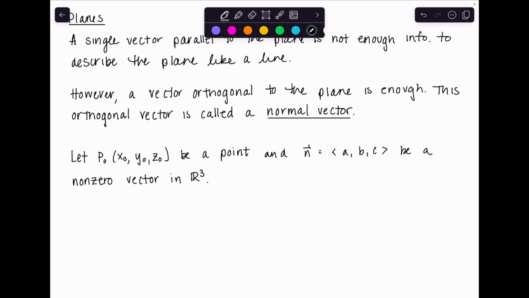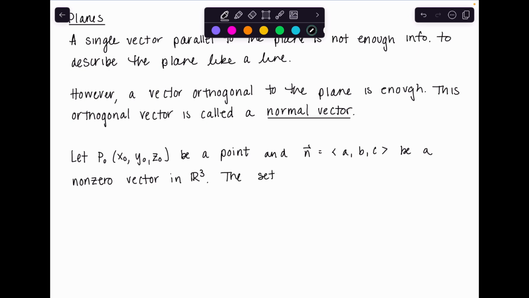The way we're actually going to describe the plane is by picking all points so that the vector between x naught, y naught, z naught, and this arbitrary point P will be orthogonal to the normal vector. So let's go through that phrase and then draw a picture.